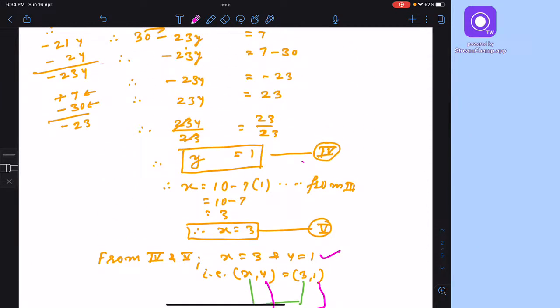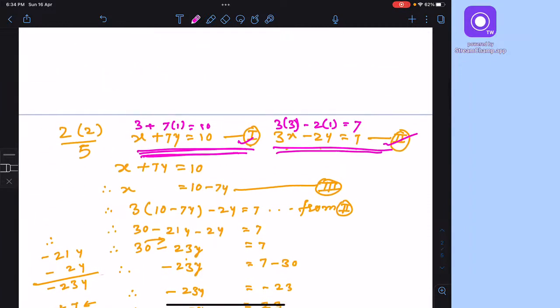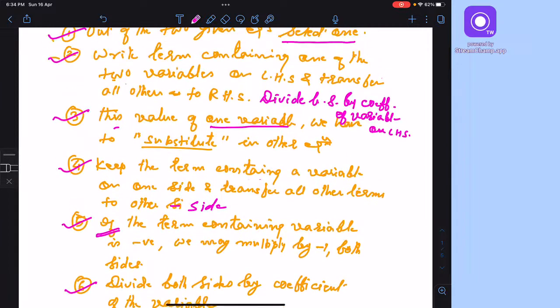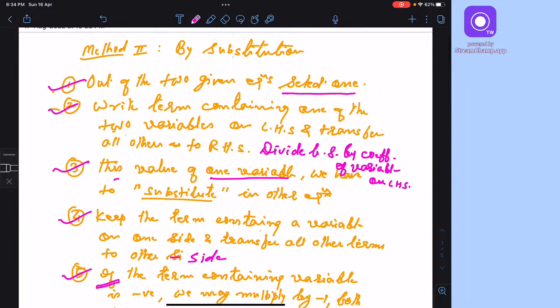So this can be done in 4 ways. 4 students can do it in 4 different ways. Because out of the 2 given equations, select one. Students may select equation 1 or equation 2. So there are 2 ways. And then write the term containing one of the variables on LHS and transfer the other to RHS.